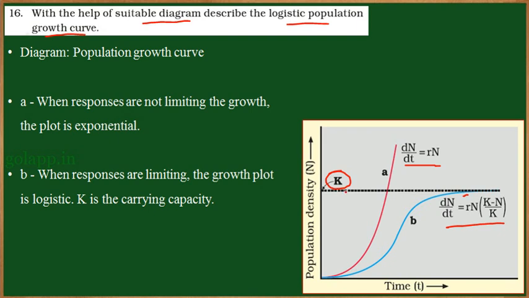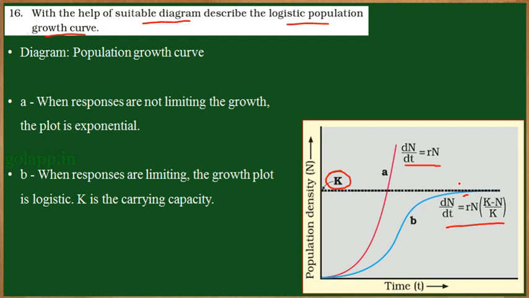That means this is the maximum capacity of a habitat where it can hold the population. So once the population reaches this stage, it cannot increase further because there are no available resources in the environment for the organism to live. So resources become a limiting factor.